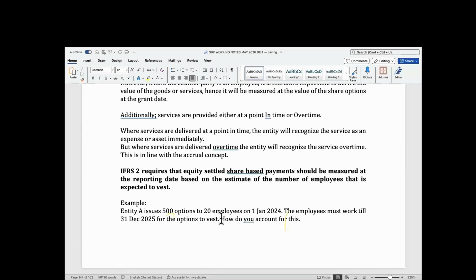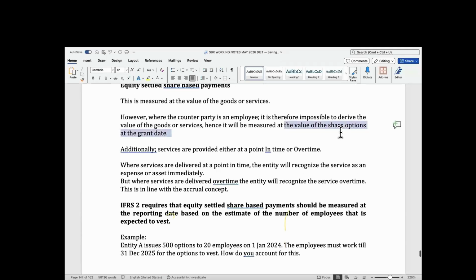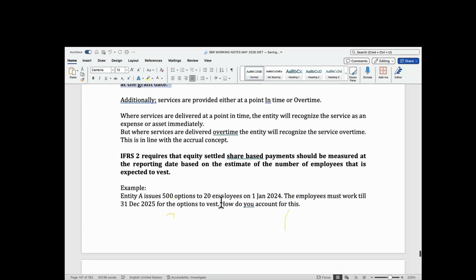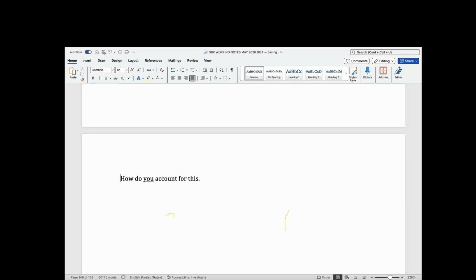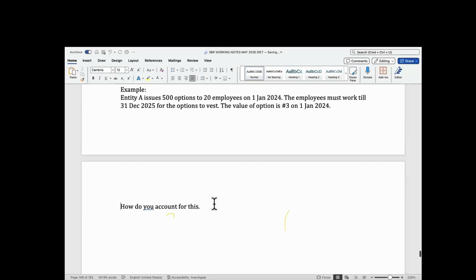Okay, it's not complete. Remember I told you that it's usually measured at the value of the option at the grant date. So they give us the value of the option as 3 naira on 1st January 2024. So how do you account for this?